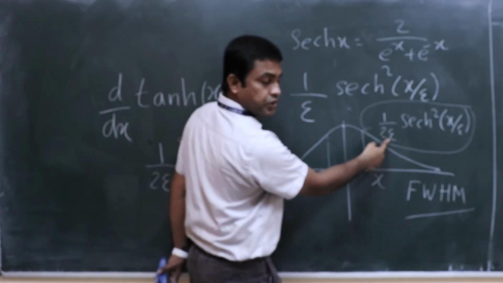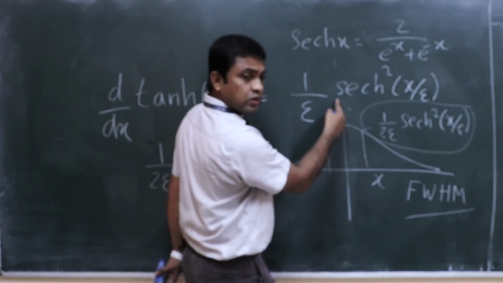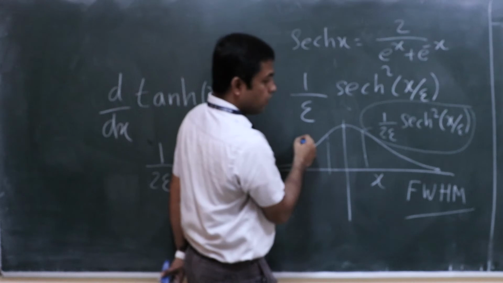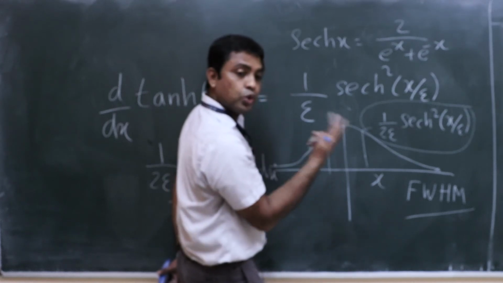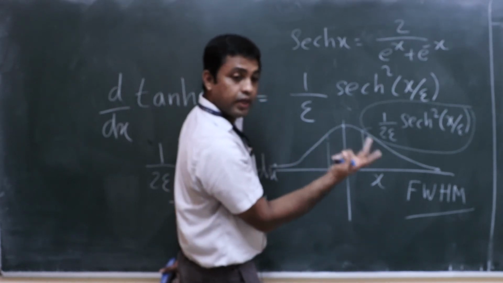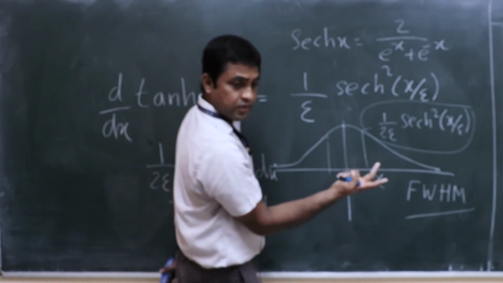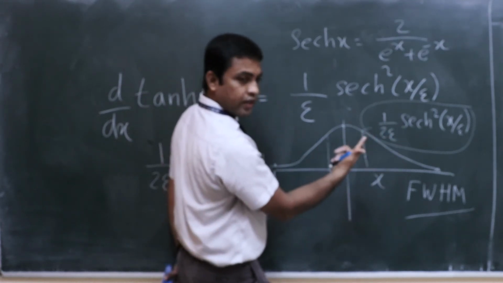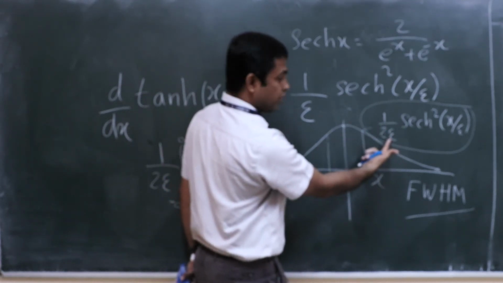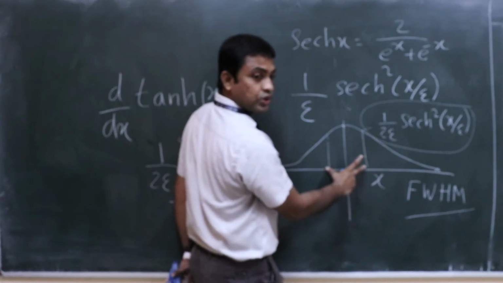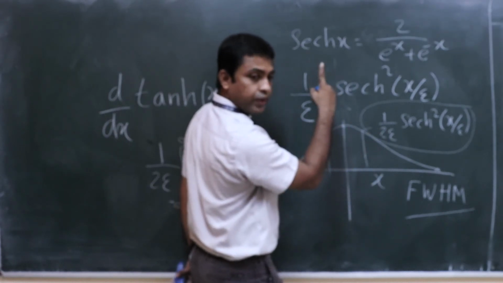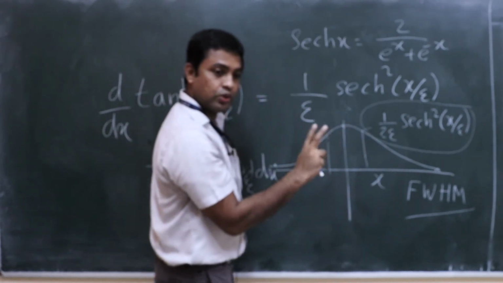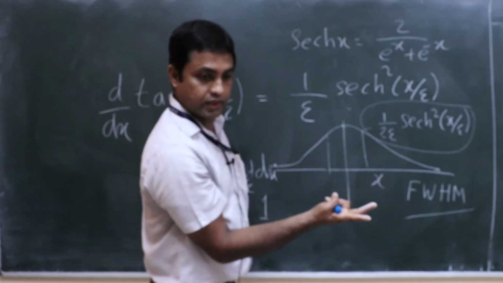So when epsilon tends to 0, this height goes to infinity. Now you see that two properties of the delta function are already met. One is that the integral of that function is 1. Second, when epsilon tends to 0, the width goes to 0 and the height goes to infinity. Those are the two basic properties of a delta function.